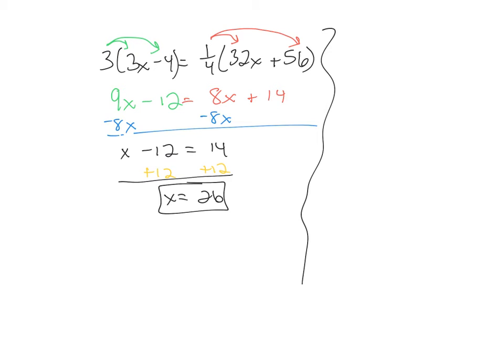So if we had this one, I want to distribute, and I get 15x plus 6.